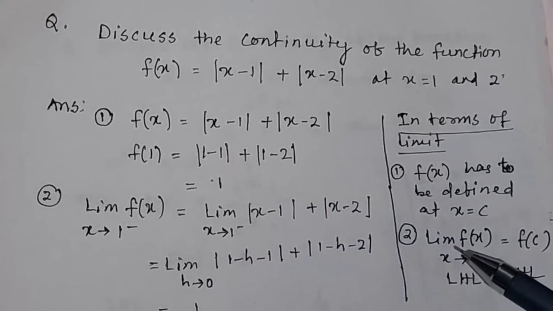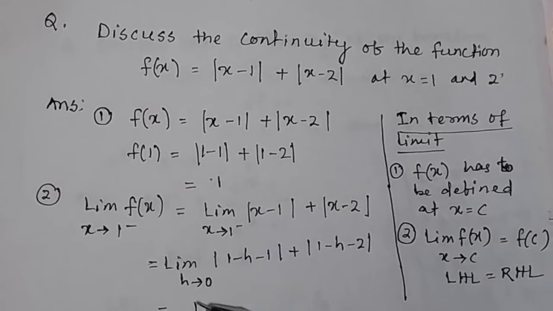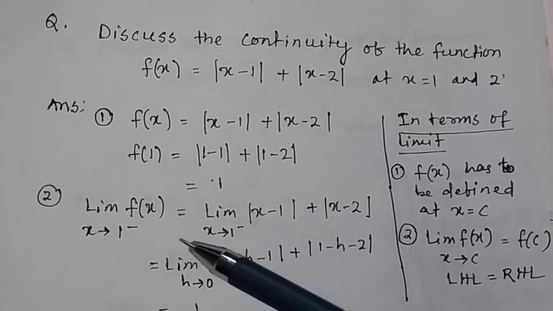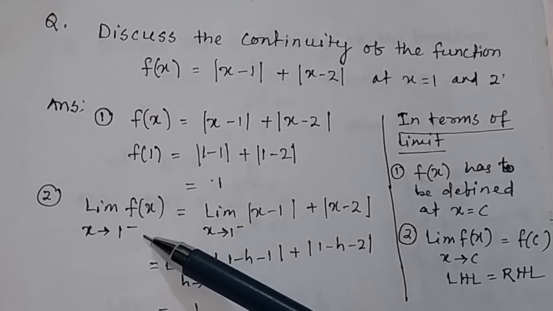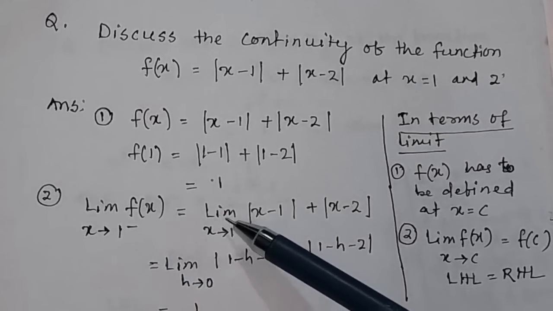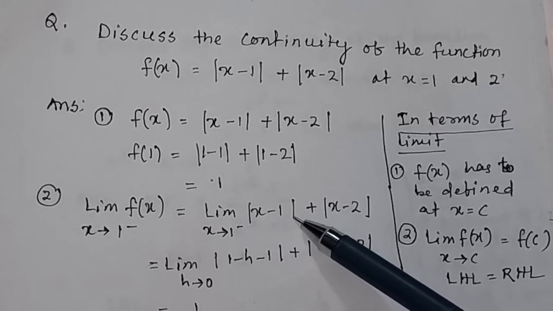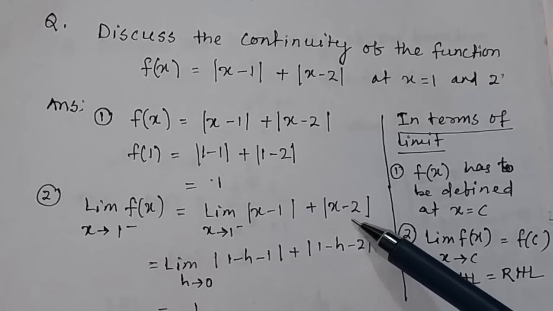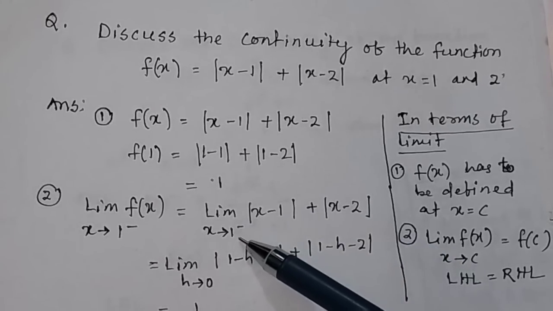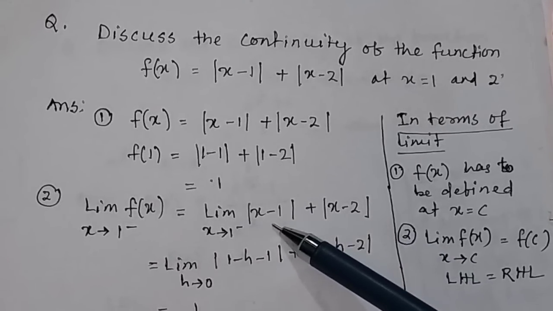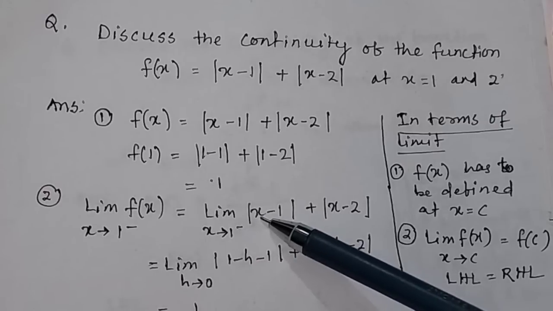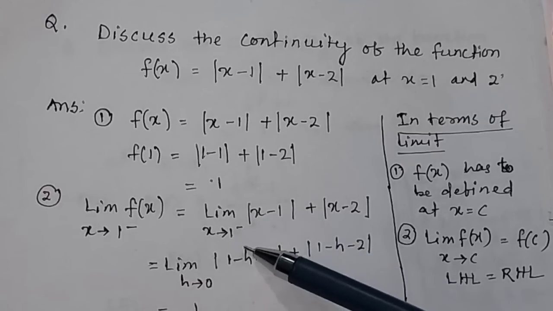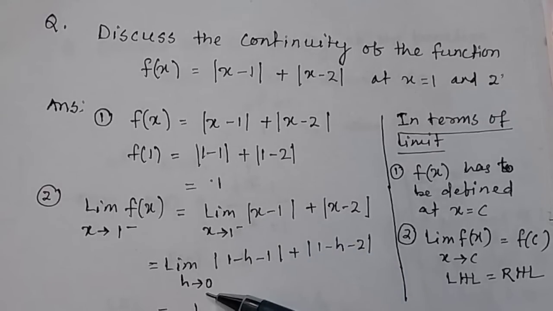And the second point is we have to find out the limit. First we have to find out the left hand limit, then the right hand limit. For the left hand limit, the limit of f(x) as x approaches 1 minus is equal to the limit of |x - 1| + |x - 2| as x approaches 1 minus. Here the value of x is slightly less than 1, so you substitute x as 1 - h, where h is a very small value which approaches 0.